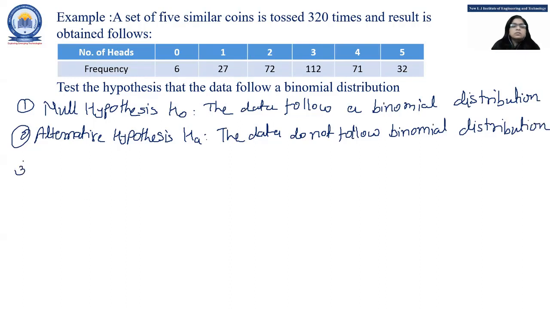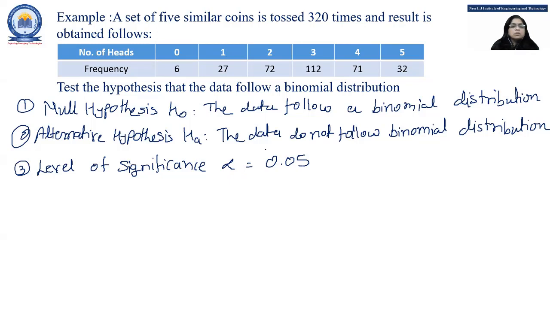Third one, level of significance alpha, and that is 0.05.